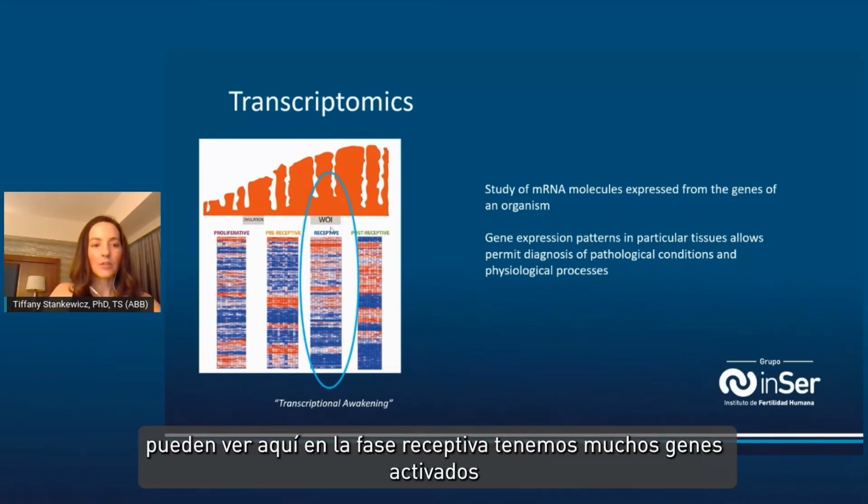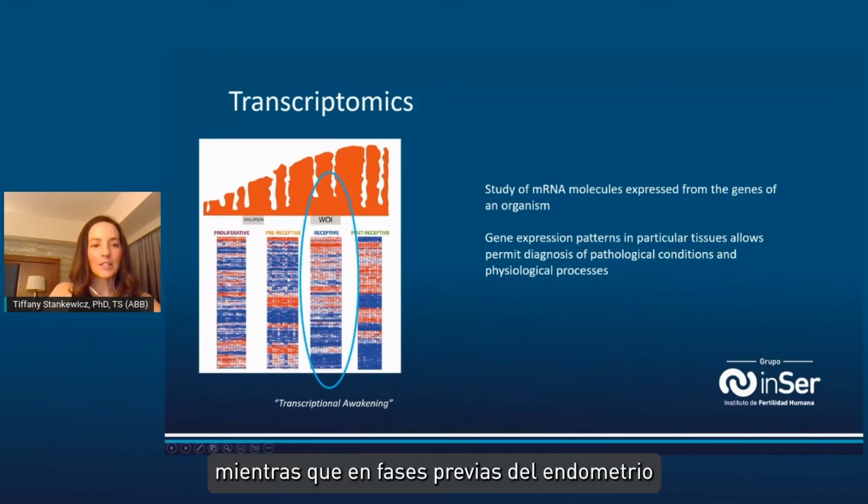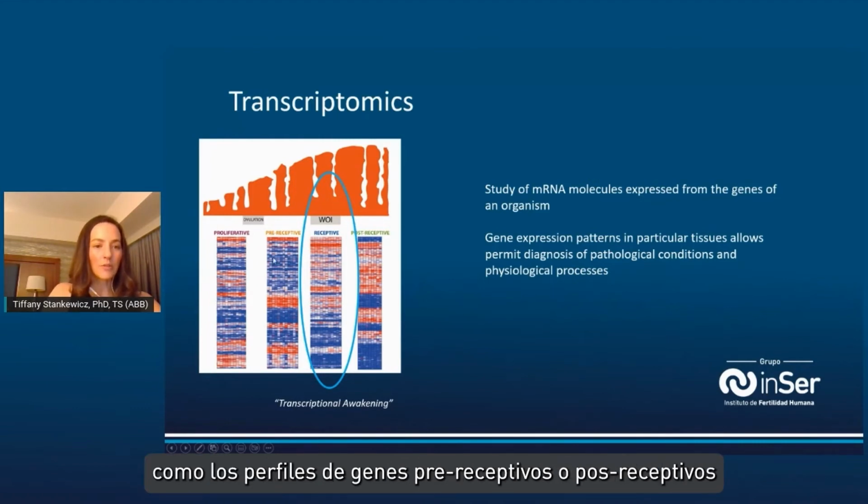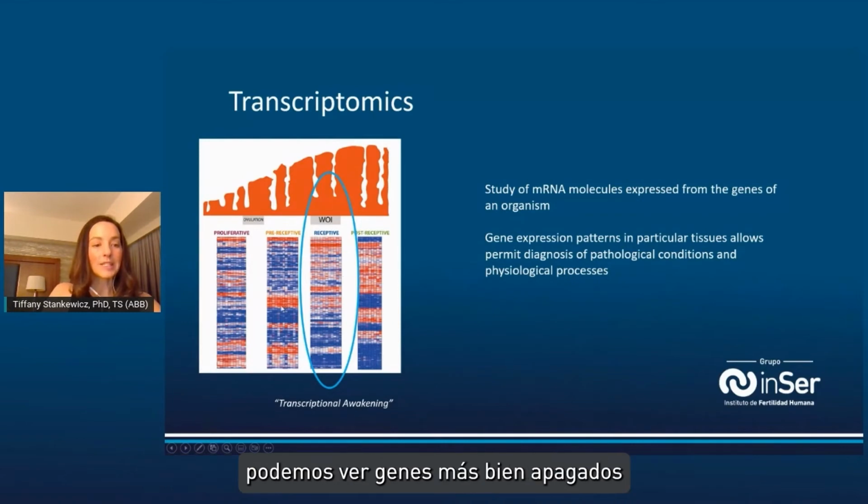You can see here in the receptive phase, we have many genes turned on, whereas in previous phases of the endometrium, such as the pre-receptive or post-receptive gene profiles, we see genes more so turned off.